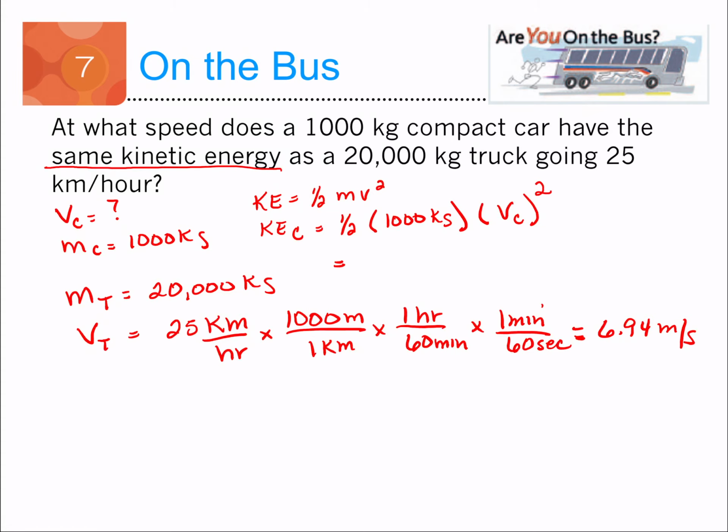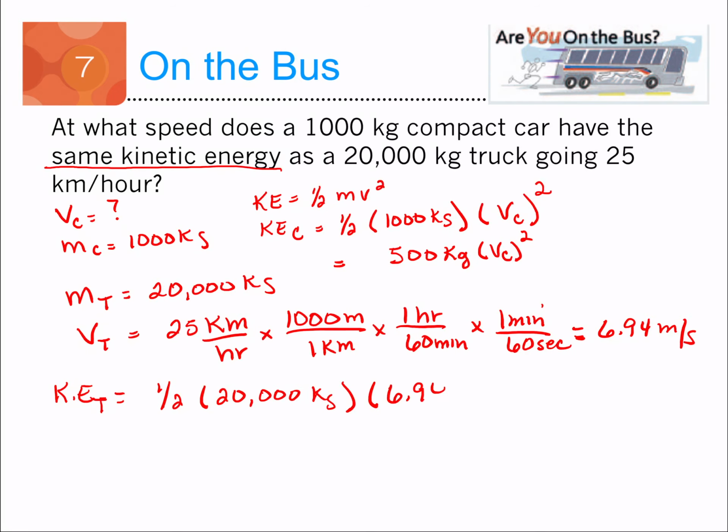So that is going to be 500 kilograms times speed of the car squared. Now the kinetic energy of our truck is going to be 1/2 times the mass of our truck, which is 20,000 kilograms, times our speed of our truck, which is 6.94 meters per second, all squared. So our kinetic energy of our truck comes to be 4.8 times 10 to the 5th joules.